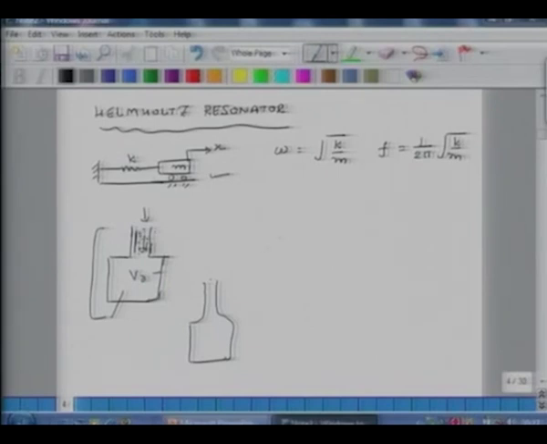Another shape of a Helmholtz resonator could be like this. Again, you have an acoustic mass element, and here you have a spring.